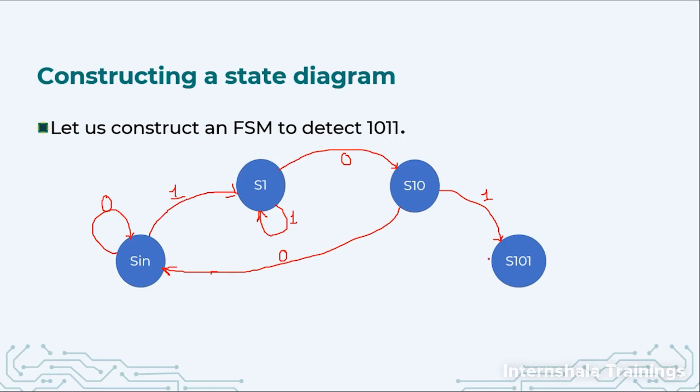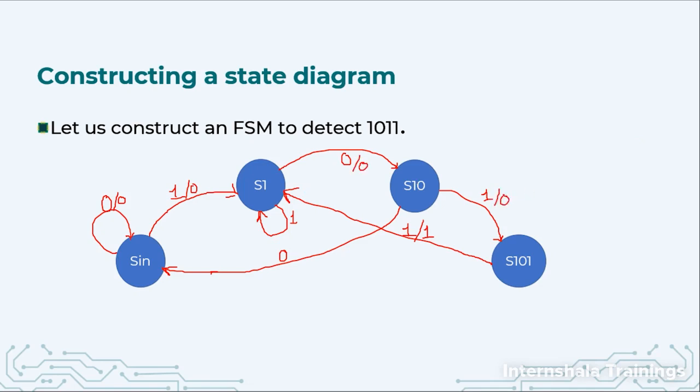Now the important state. We are at S101. If our input is 1, that means we have detected the pattern. And where should we go? We should go to S1. Okay, from S101 we will go to S1 if the input is 1, and only in this case my output will be 1. In all the other cases my output is 0.